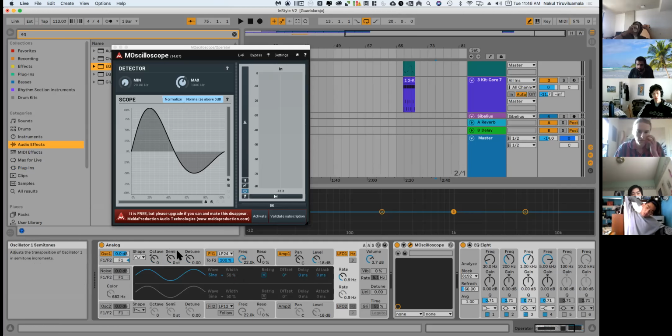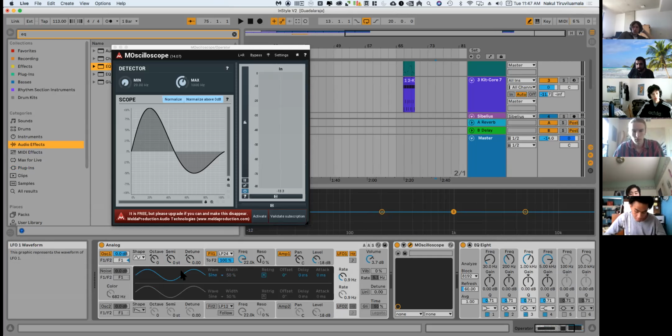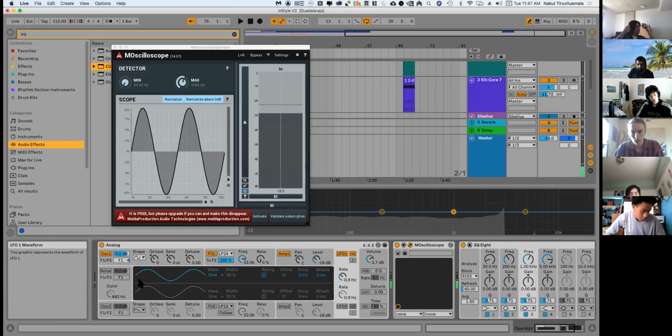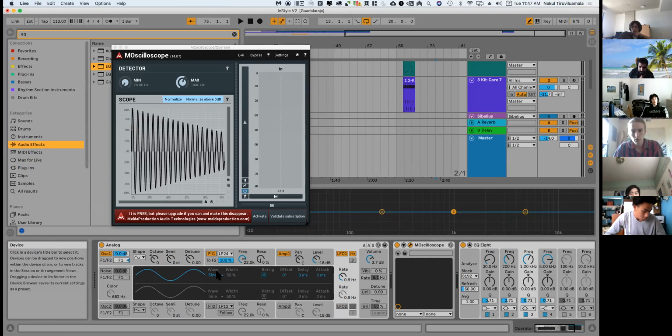An LFO is just basically taking something and modulating it so that it moves in the pattern of a particular waveform. So for instance, you're taking this parameter and modulating it using this shape, right? For the LFO, you can actually change the shape.